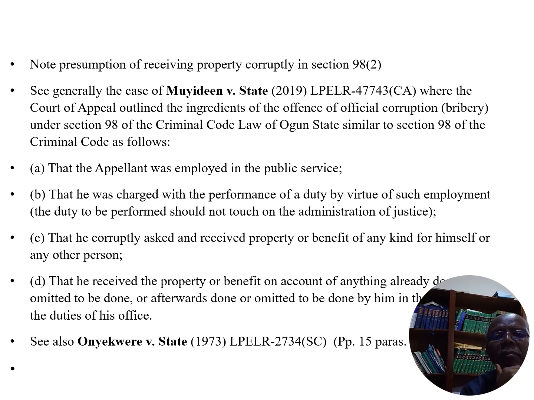The duty to be performed should not touch on the administration of justice, that he corruptly asked and received property or benefit of any kind for himself or any other person, that he received the property or benefit on account of anything already done or omitted to be done, or afterwards done or omitted to be done by him in the discharge of the duties of his office.